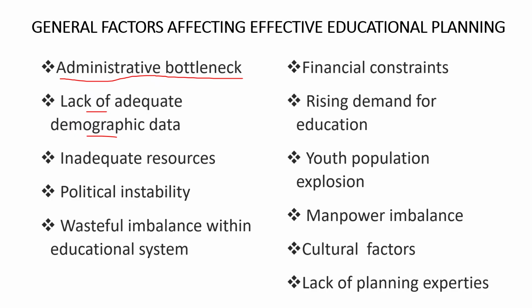Therefore, if we make a projection, it will end up giving us inaccuracy in the planning process. There are inadequate resources. We can have a very good plan, like the social demand approach, but when it comes to implementation, resources will be the first enemy to let us down. Also, political instability. There are political upheavals everywhere, mostly in developing countries, before and after elections, and also a change in political figures.